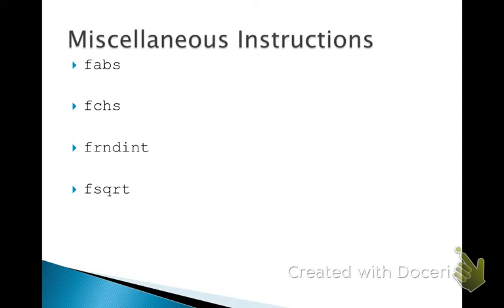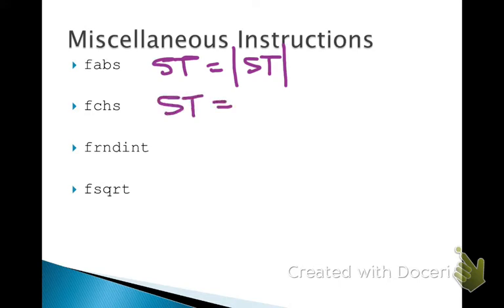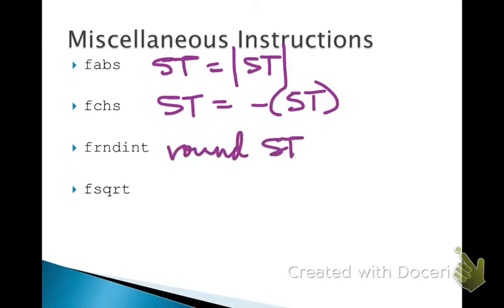Floating absolute value, this is going to replace stack top with its absolute value. Change sign will replace stack top with a negated stack top. Float round to int, round stack top to an int value.